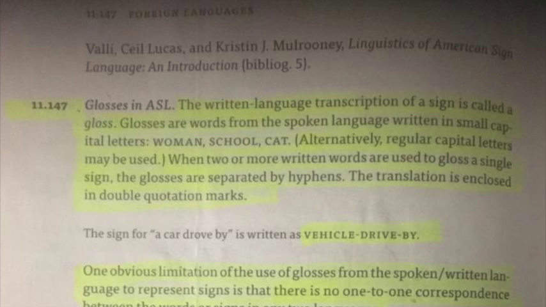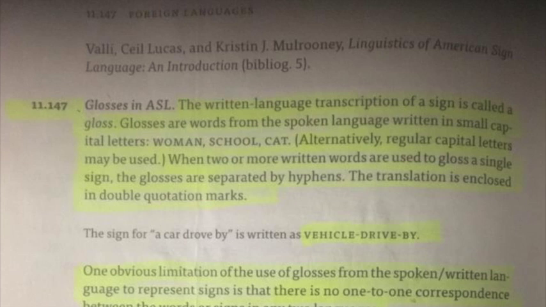Now, just want to go over that. So, a gloss is words from the spoken language written in small capital letters or normal capital letters.